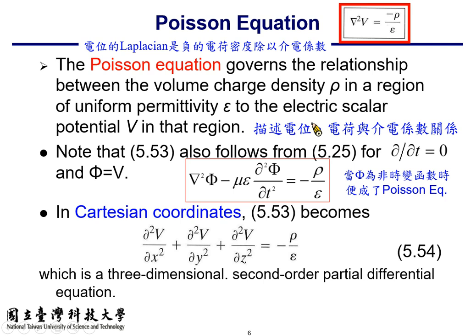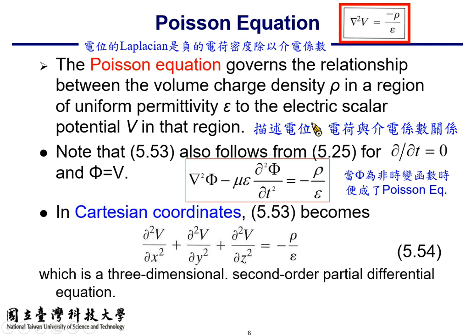So you have the relationship between the permittivity, charge density, and electrical potential. Actually this relationship can be seen from the equation we had in section 5.1 when we tried to express the relationship of source and potential. So electrical charge should be related to the electrical scalar potential as a second-order differential equation.